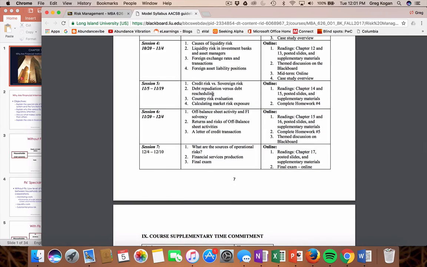The next session 4 is two pieces. We're going to go over liquidity risk and foreign exchange risk. Liquidity has become a huge thing since the financial crisis in 2008, where liquidity became the number one risk. And this is all about how do you keep your assets liquid?